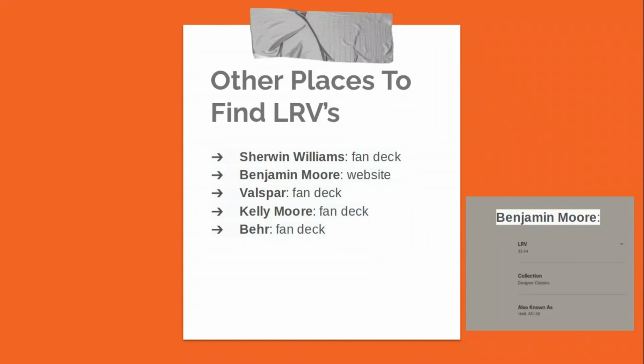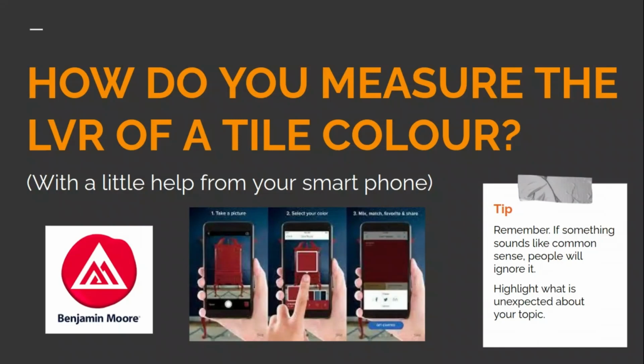And then Benjamin Moore has the website too. You can go on their website and look at the LRV. But I think the app approach is way easier because you already have your phone with you. Just grab your phone, take a picture, tap on the color of the tile that's closest to the options they offer you. Boom, you got the LRV value.